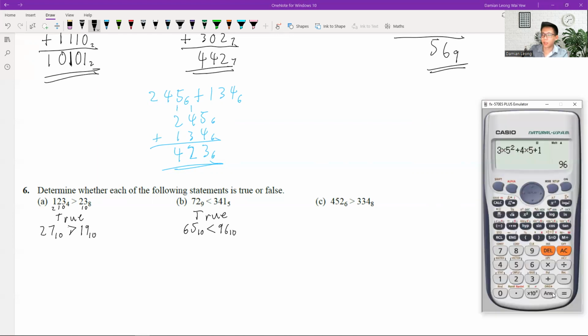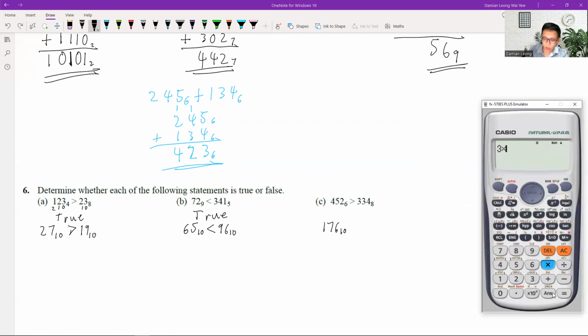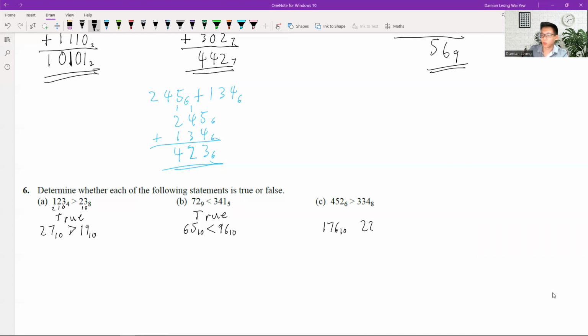And the final one, 4 5 2. So 4 times 6 to the power of 2 plus 5 times 6 plus 2. 176 in base 10. The other one, 3 times 8 to the power of 2 plus 3 times 8 plus 4. 220 in base 10.